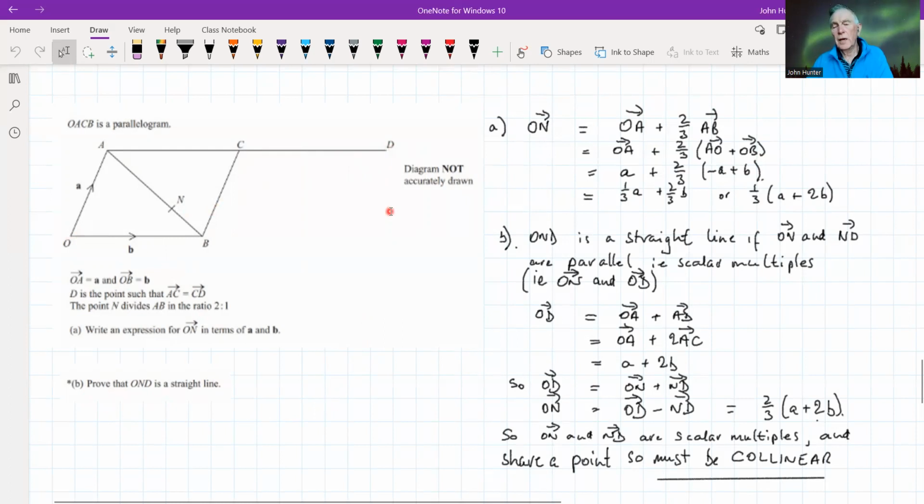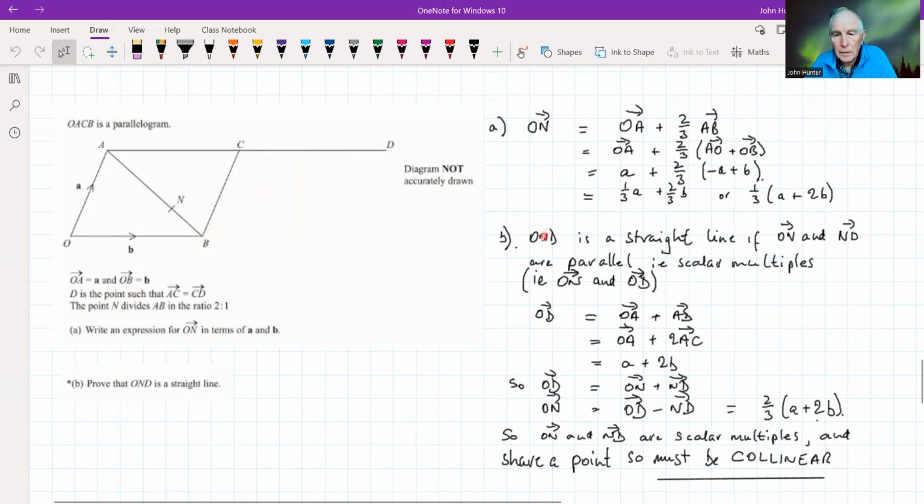So the important thing is that it's a straight line really if ON and ND are parallel because they share a point. So if they're parallel and they go through the same point, then they must be a straight line. It must be collinear, we would say.